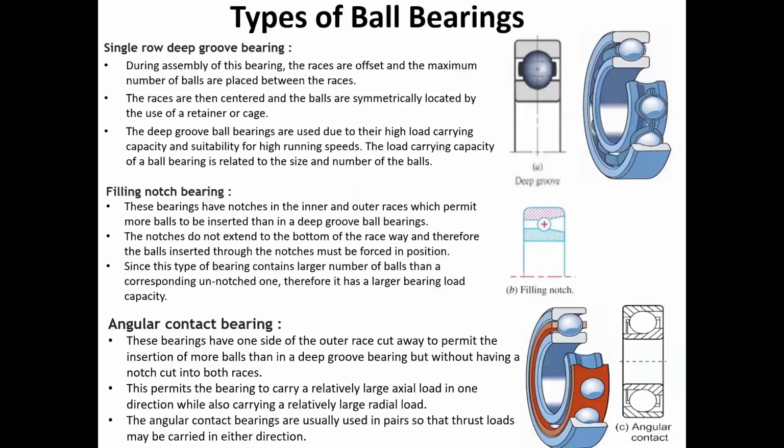The load carrying capacity of this deep groove ball bearing is dependent on the size of the ball as well as the number of balls. So this is the three-dimensional view of a deep groove ball bearing, and this is the two-dimensional picture of a cut section of the ball bearing. Okay, so here you can see these bearings can be used for the radial load. They cannot sustain the thrust load or the axial load.